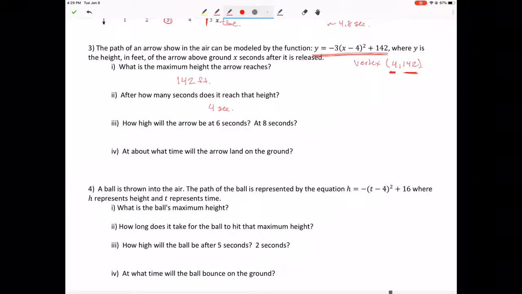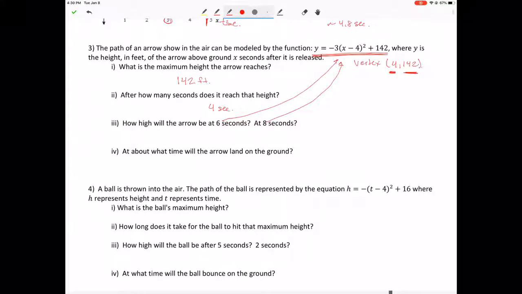Okay, and it will tell you the height, and then you can enter 8, enter, and that will give you the height at 8 seconds. Okay, but if you don't have that, what you need to do is plug this in for our x, and that will give us our y value, which is our height.